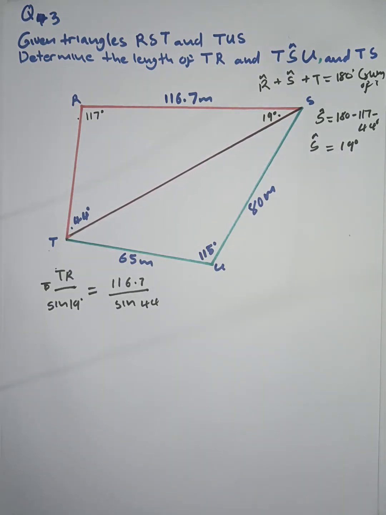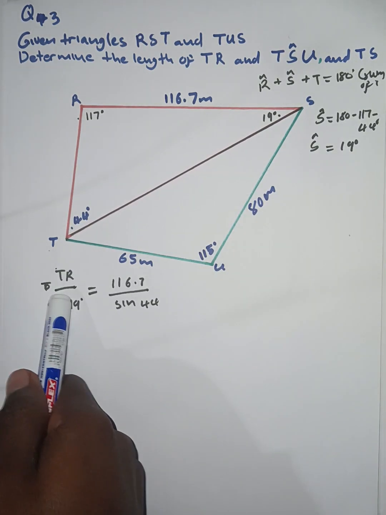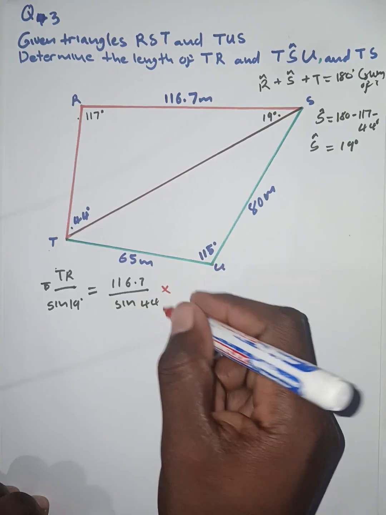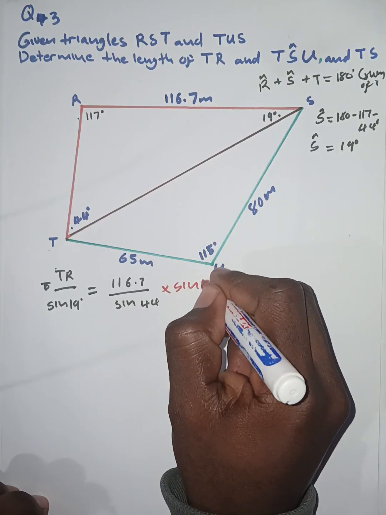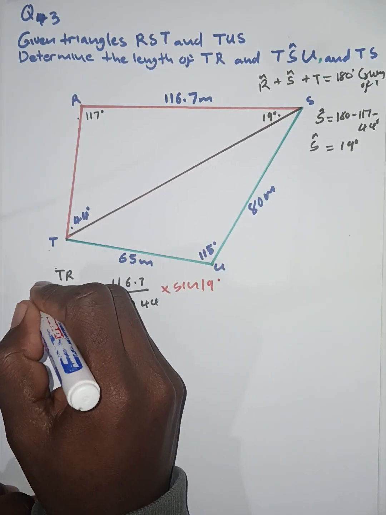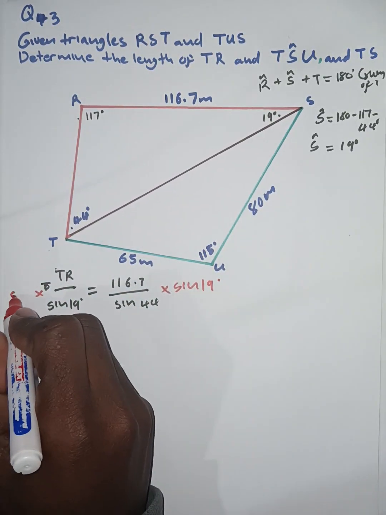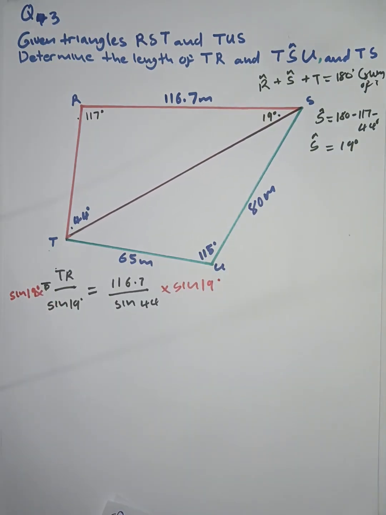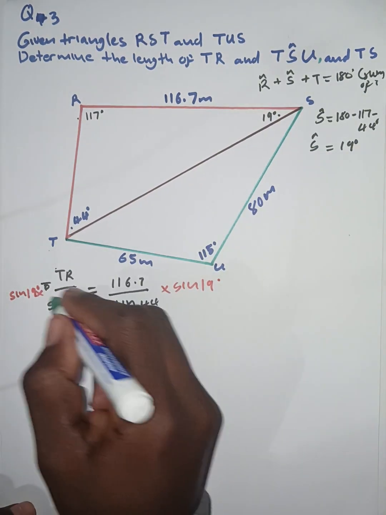So of course, we are calculating for TR. What I'm going to do is multiply by sine of 19 degrees on both sides. I'm just cross multiplying, so this would be sine of 19 degrees, and of course this would cancel with that.